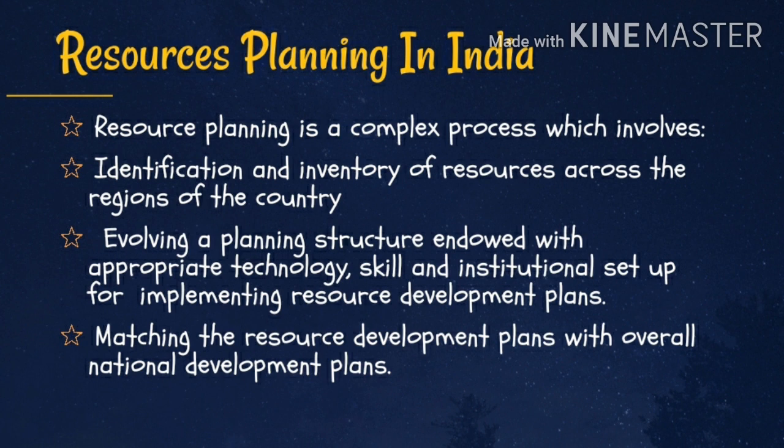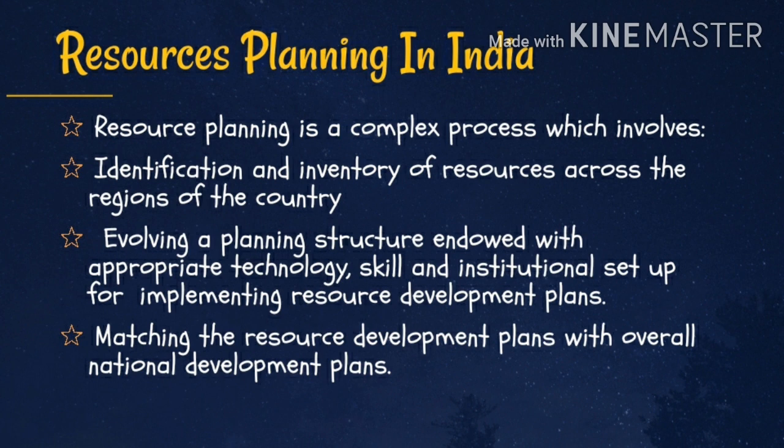It has three processes which are very complex. The first process is to identify the resources using many methods like surveying, mapping, qualitative and quantitative estimation, and measurement of the resources. After the first step, the second step is to plan the structure with appropriate technology, labor, and institutional setup.